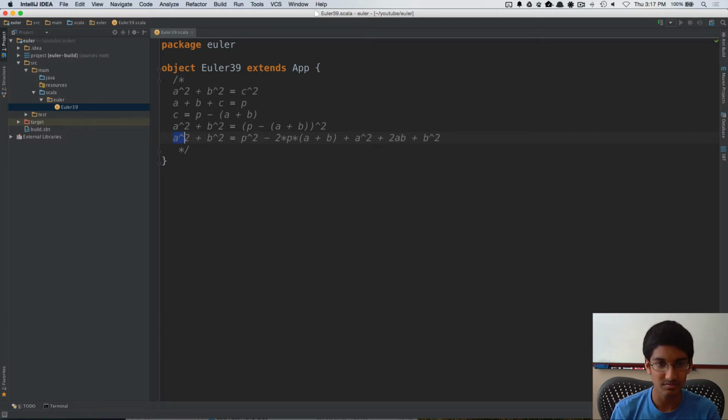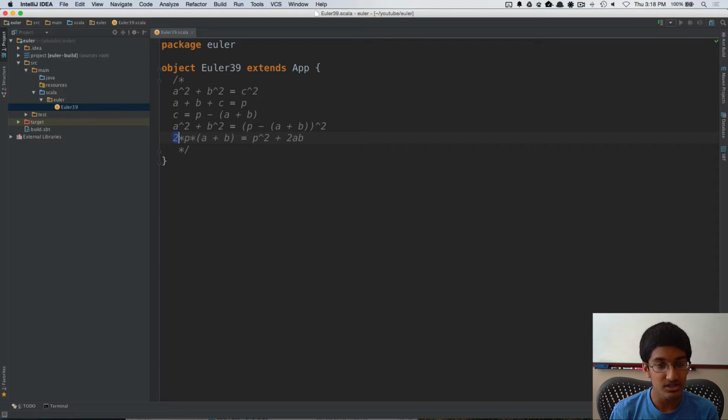Now we can cancel some stuff, so we can get rid of a squared plus b squared here and a squared and b squared here. And I'm going to move this over to the other side. Okay, so now we have 2p times (a plus b) is equal to p squared plus 2ab.